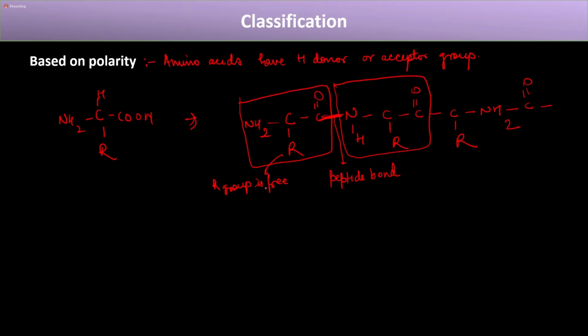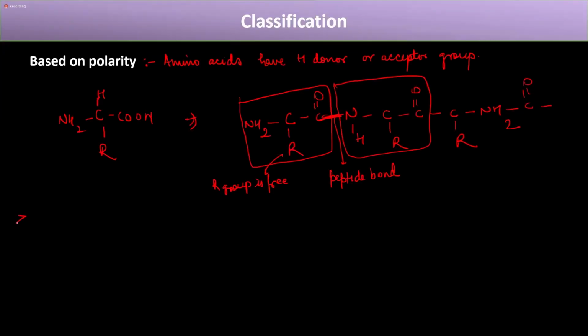So we can write that the R group decides the polarity of amino acids, right? Because this R group is free, it will form bonds with the solution in which it is present, and hence it decides the polarity of amino acids.